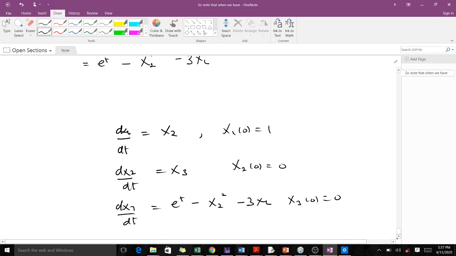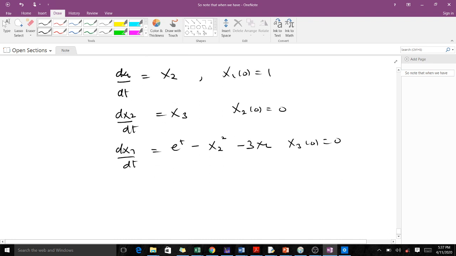Remember, this was the system we had, and we realize that we have a non-homogeneous term here. So when you're writing this system in the matrix form, you get something like this, where this is the non-homogeneous term. So when you're writing, you realize that we get our x dot, and know that our x dot is the same as dx1/dt, that's this vector, dx2/dt, and dx3/dt.